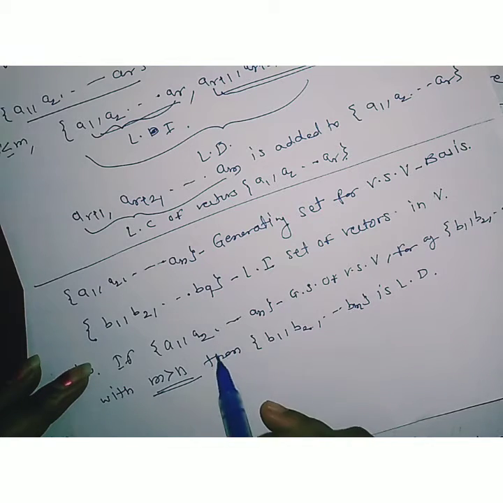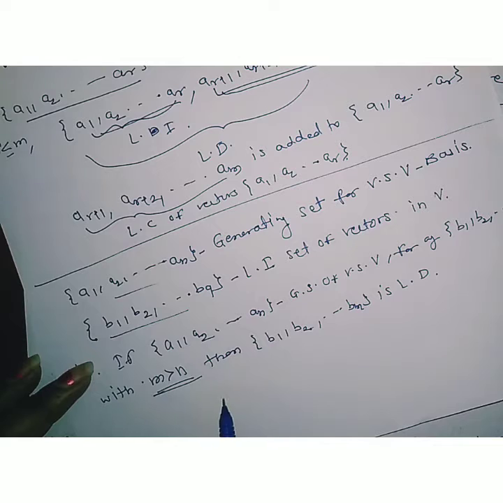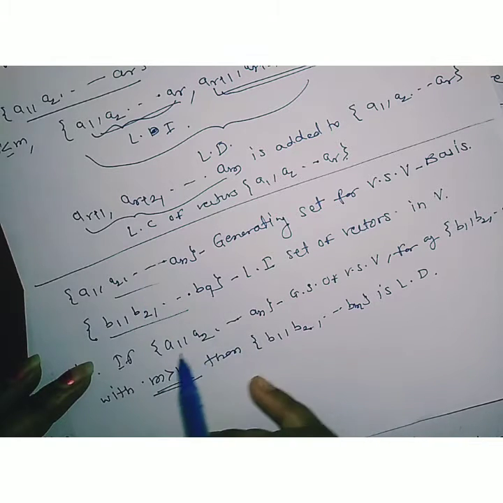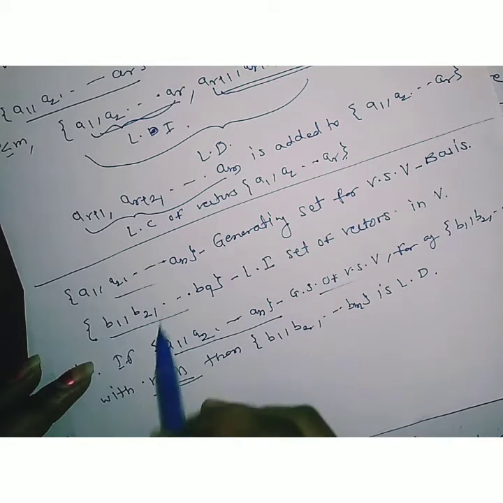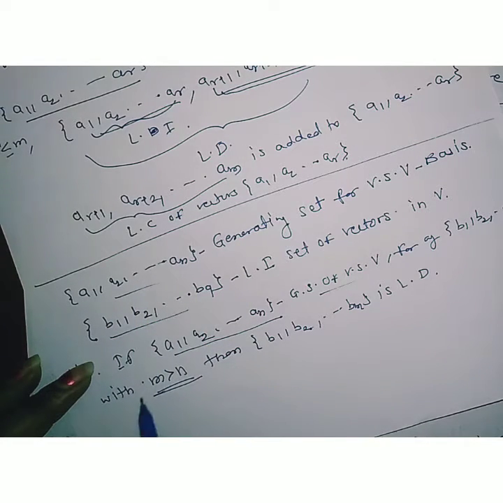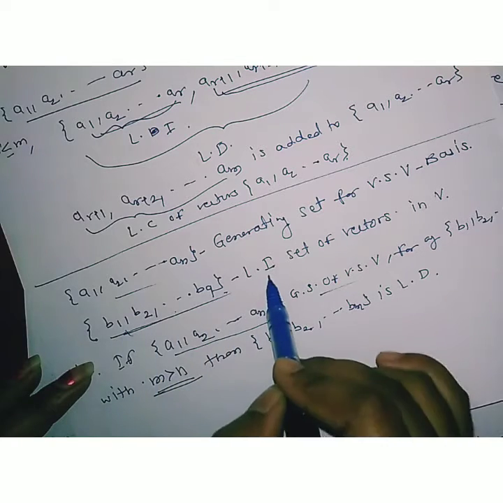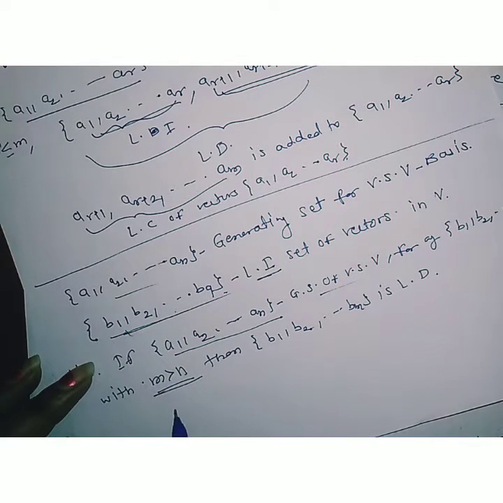Now we have to apply this theorem on the two sets. First, the first condition is already given: a1, a2, ..., an is a generating set for the vector space, and we are given that b1, b2, ..., bq is a linearly independent set.